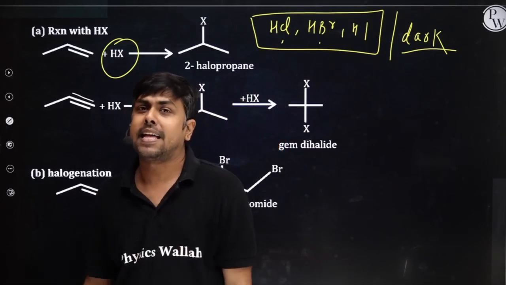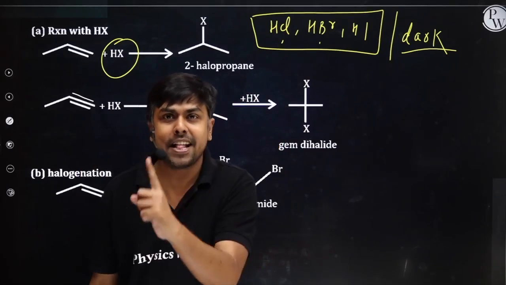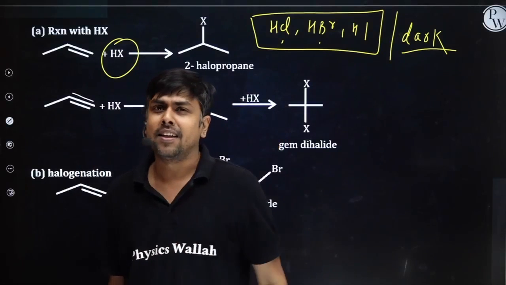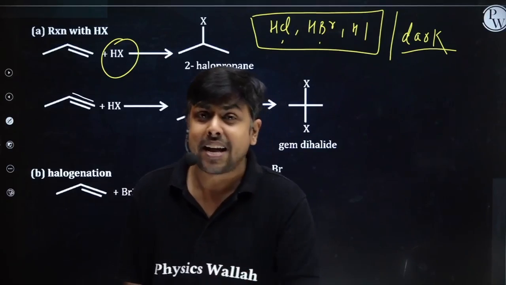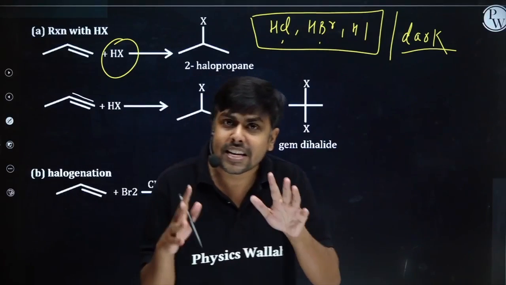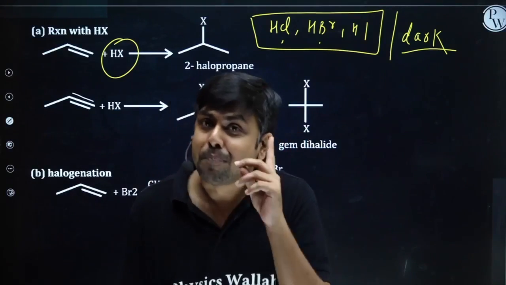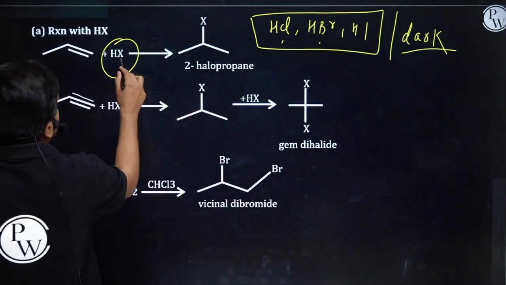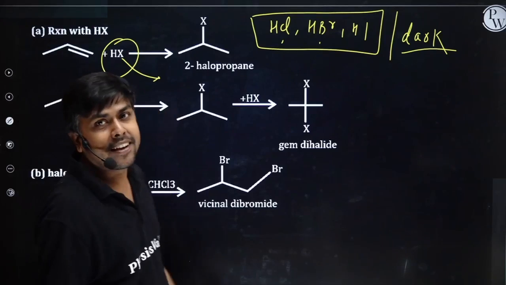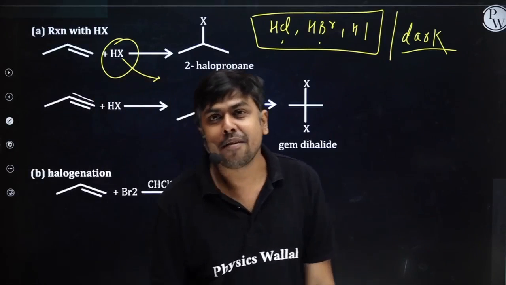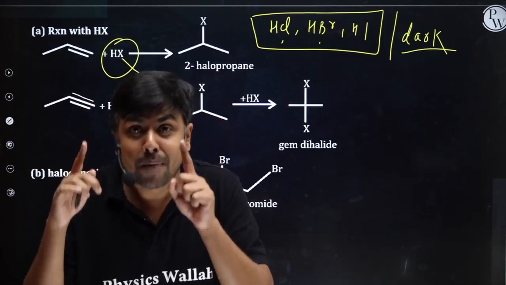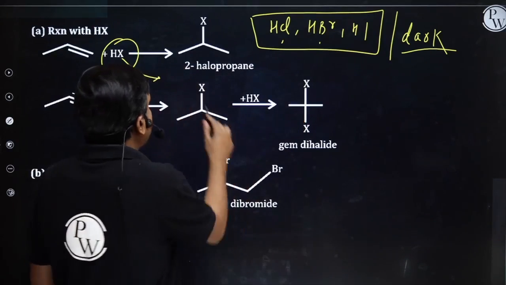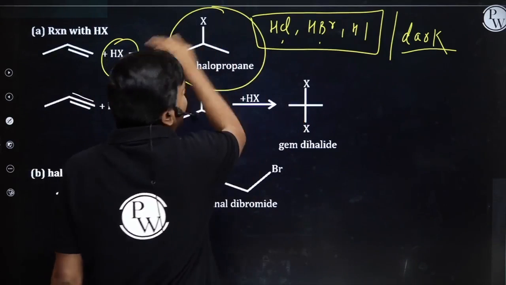As soon as this alkene is protonated, I will have the formation of carbocation. As soon as this carbocation is formed, it will undergo rearrangement to give us a more stable carbocation, and to this more stable carbocation X minus will attack, right? And I will have my product as Markovnikov product, and the product formed is alkyl halide.